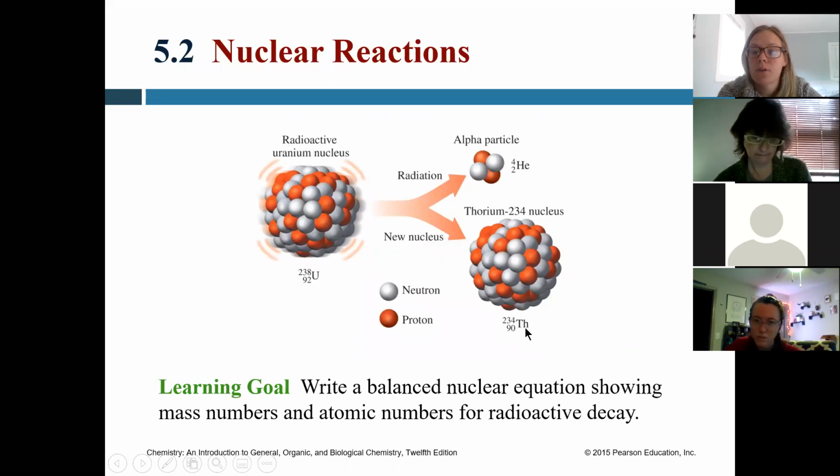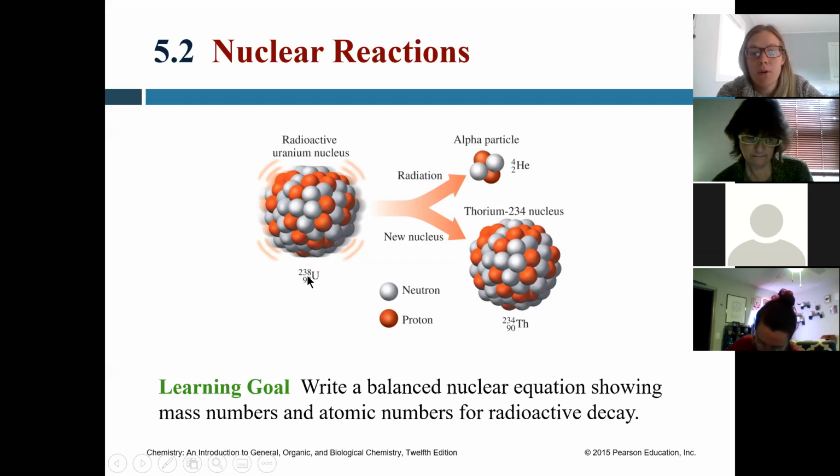So we'll put our symbol thorium, always has an atomic number of 90, and 234. This thing is stable. In order to become this new thing, it has to shoot off an alpha particle. And this alpha particle that's come off, combined with the thorium, the mass and the charges for these need to total the initial.